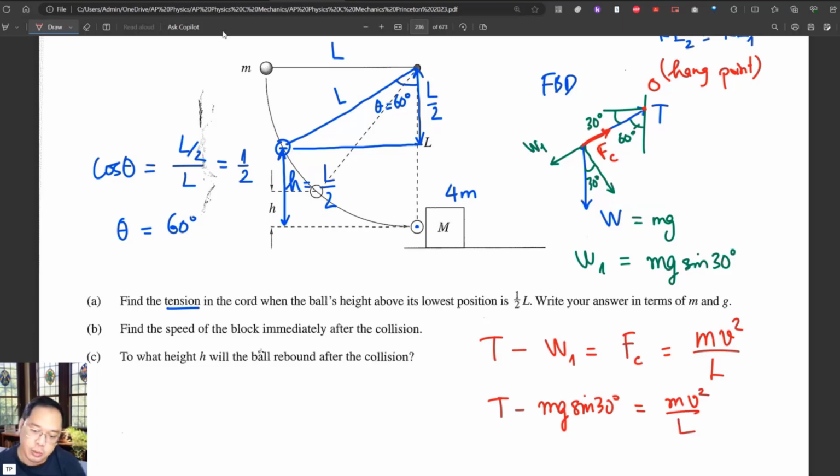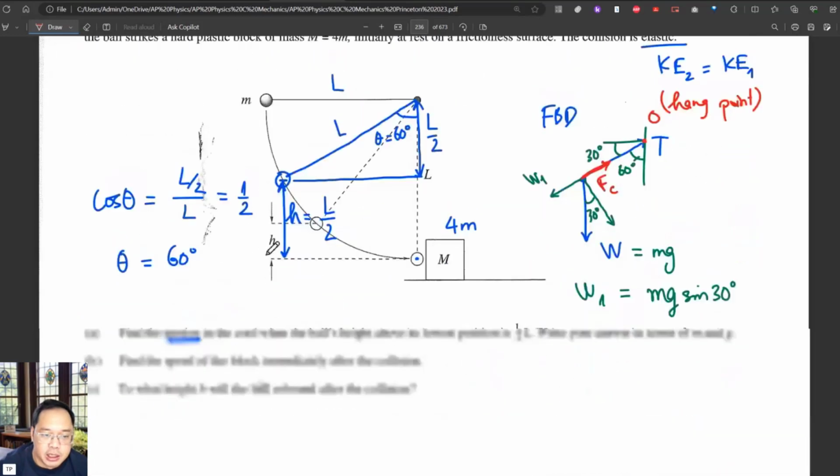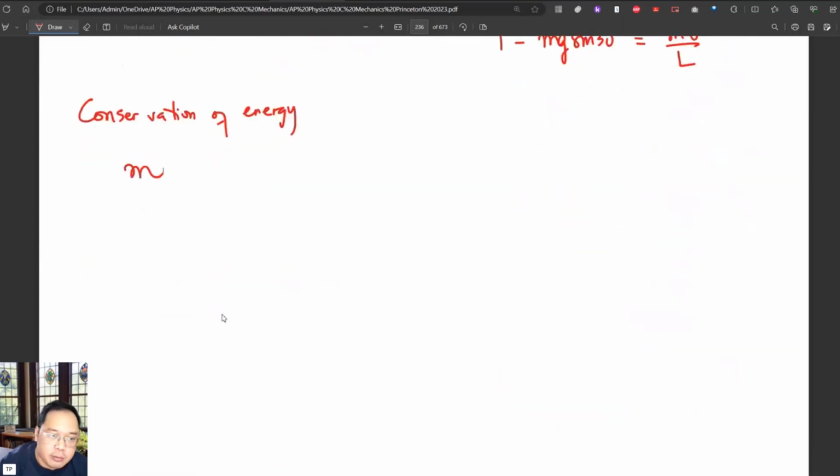So the next thing we need is the speed v here. We don't know it yet, so we need to find it by using the conservation of energy. At the top, the kinetic energy is 0 and potential energy is maximum, choosing the lowest point to have 0 potential. At the top point, the potential is mgh, and h is the length of the string.